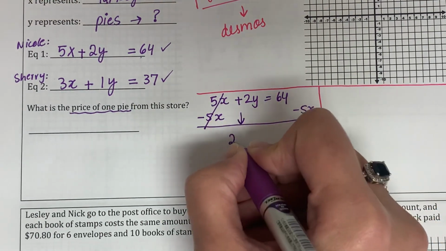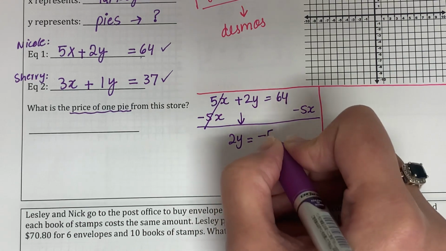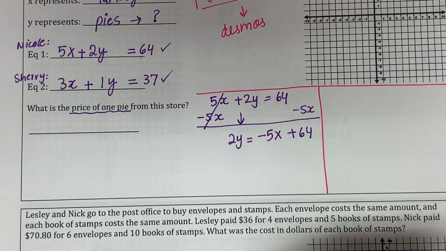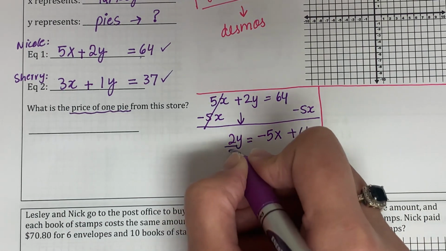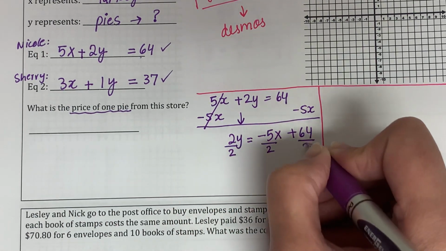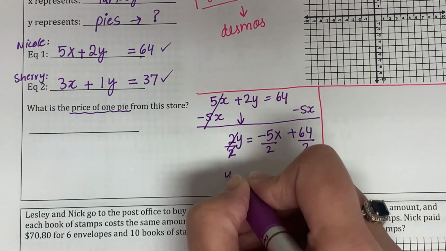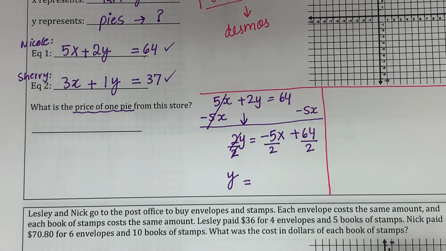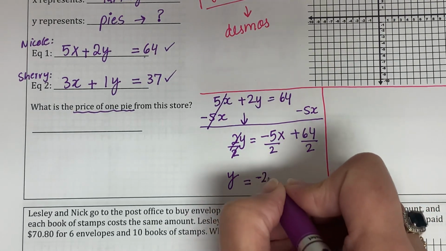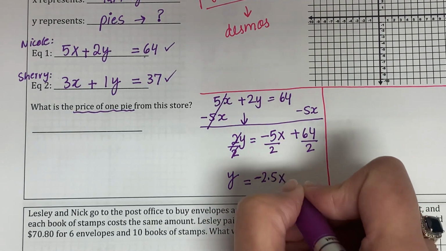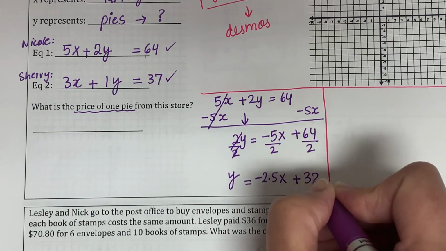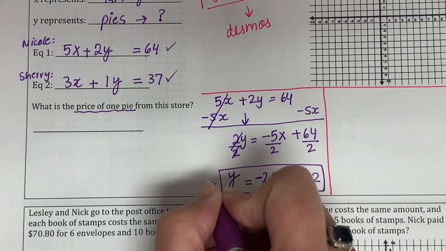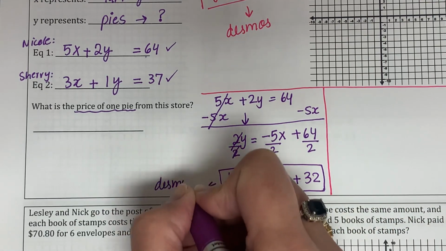Bring down the positive 2y equals negative 5x plus 64. Next, divide everything by 2. This way you have y by itself. Dividing by 2, you can convert to a decimal. So it is y equals negative 2.5x plus 32. This is the equation that I'm going to put in Desmos.